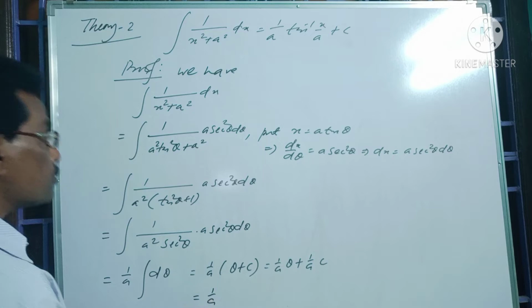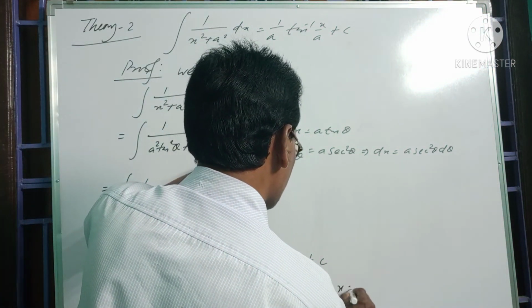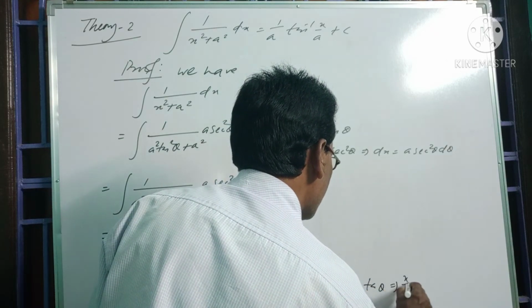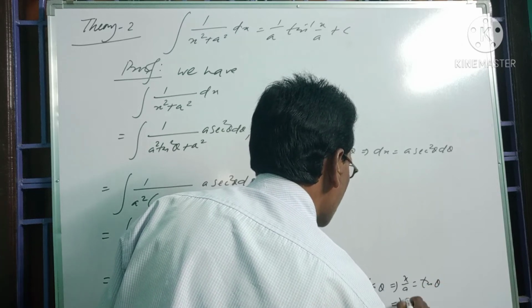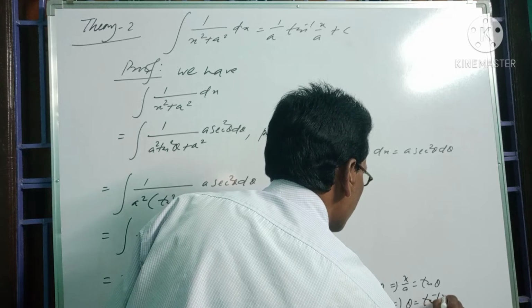Now, in place of theta, considering that x is equal to a into tan theta, we have x by a is equal to tan theta, so theta is equal to tan inverse of x by a.